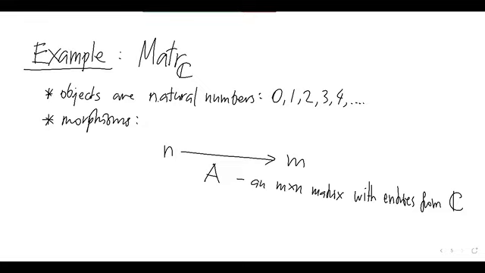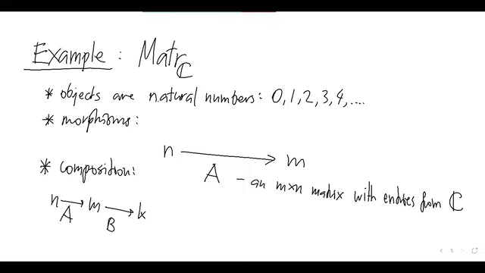So what about composition of morphisms? Well, that will be multiplication of matrices. As you know, if we have an m by n matrix A and a k by m matrix B, they multiply.